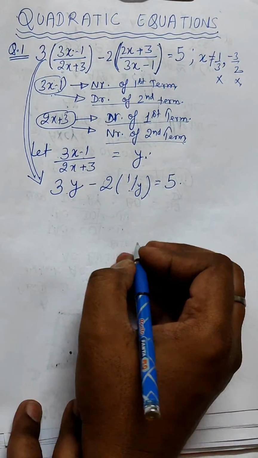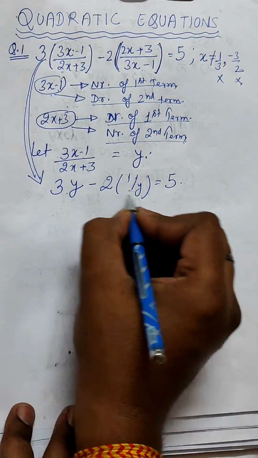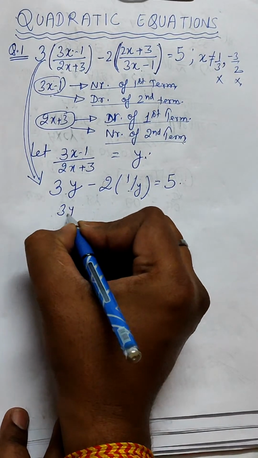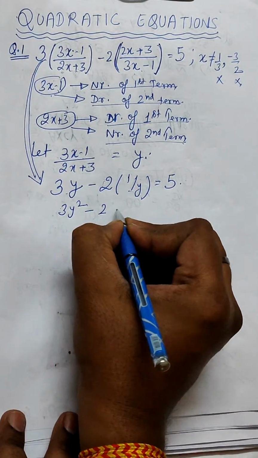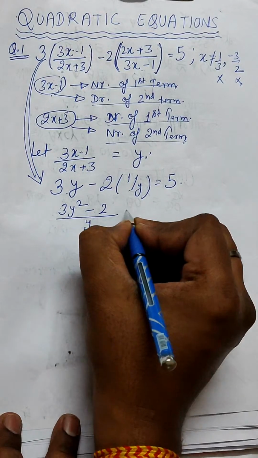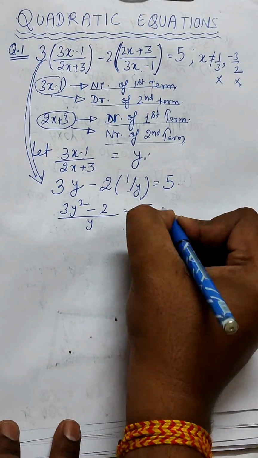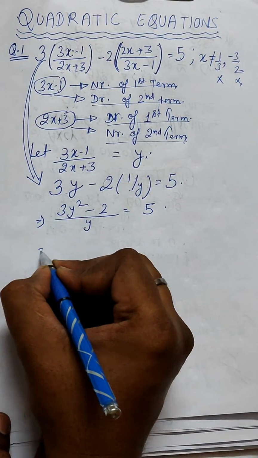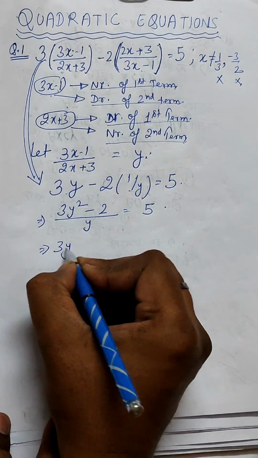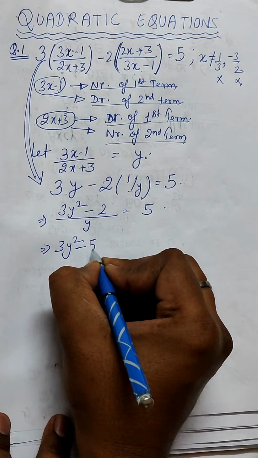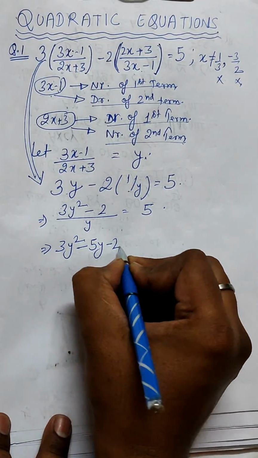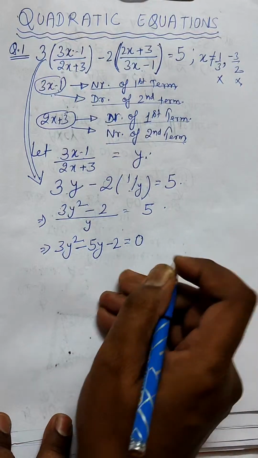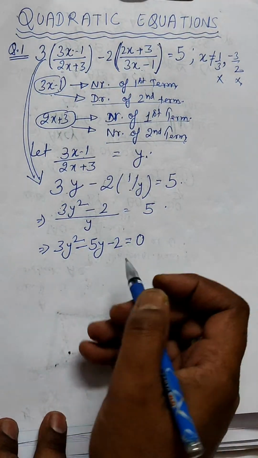So this is the fresh quadratic equation with us, and when we take the LCM, it becomes 3y square minus 2 by y is equal to 5, right? This will give you 3y square minus 5y minus 2 is equal to 0, isn't it?